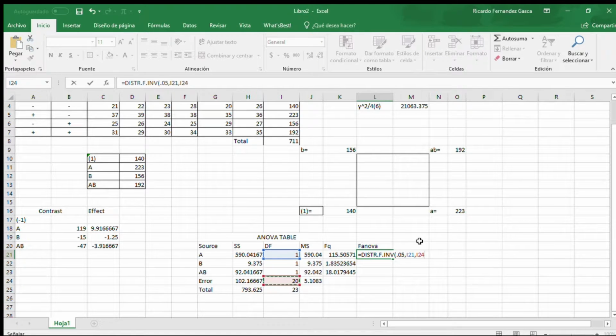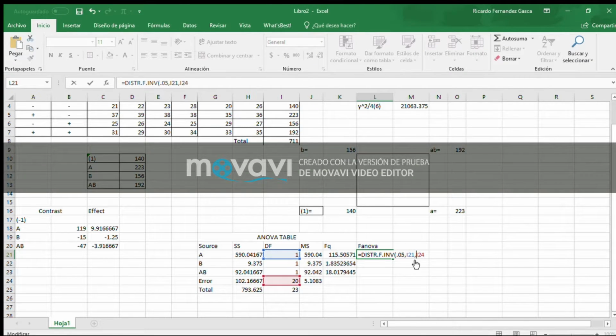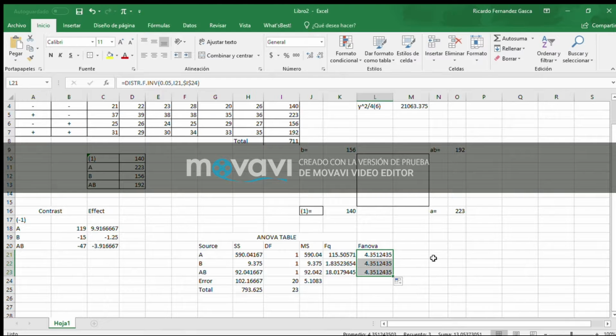So we are going to lock this one in order to drag. Okay, so we get the ANOVA of all of it.